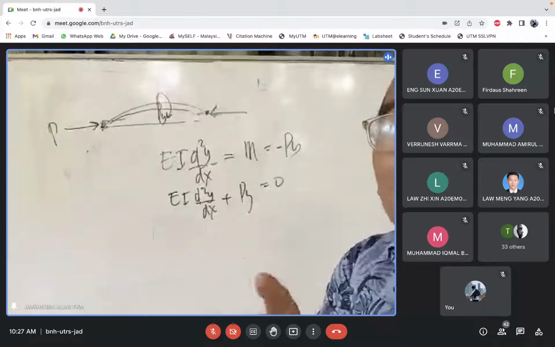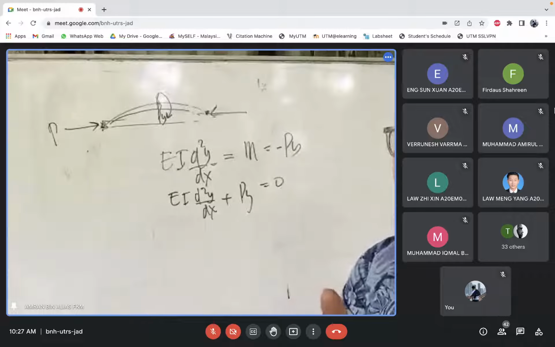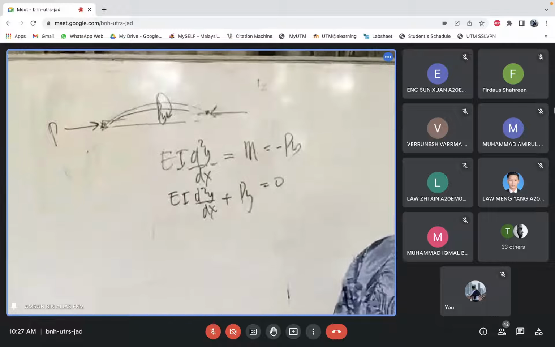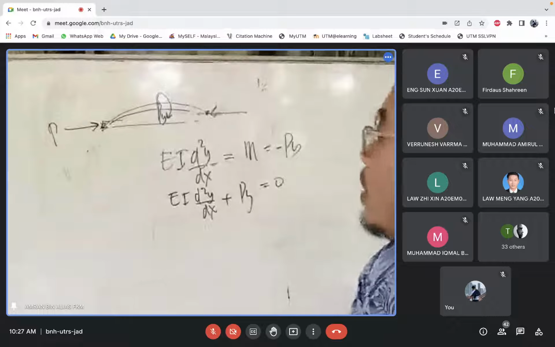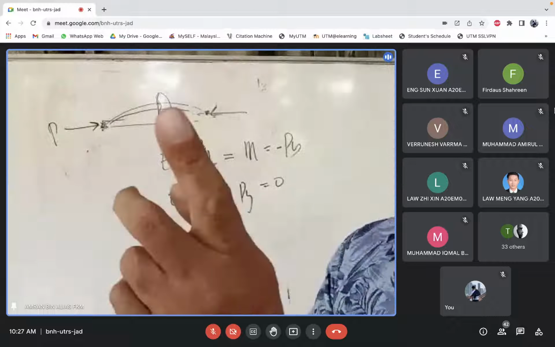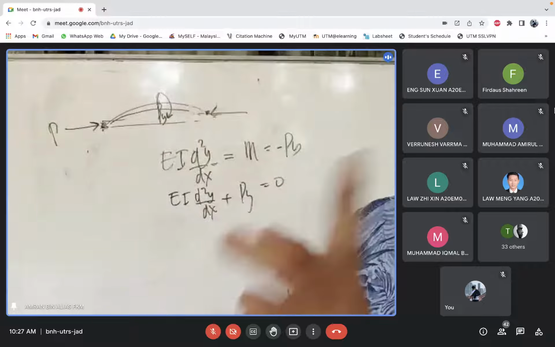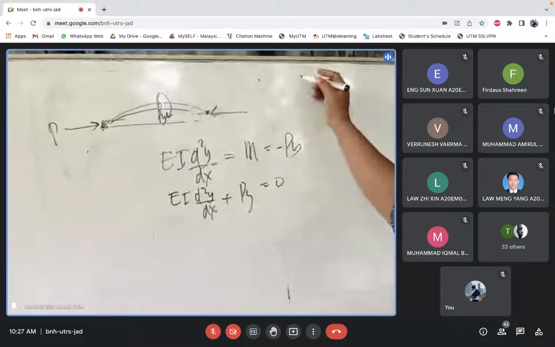This is when the integration becomes complex. We learned this in mathematics, differential equations, right? Yes. How do we do that one? We assume, because there is a solution in mathematics, one of the solutions in differential equations.